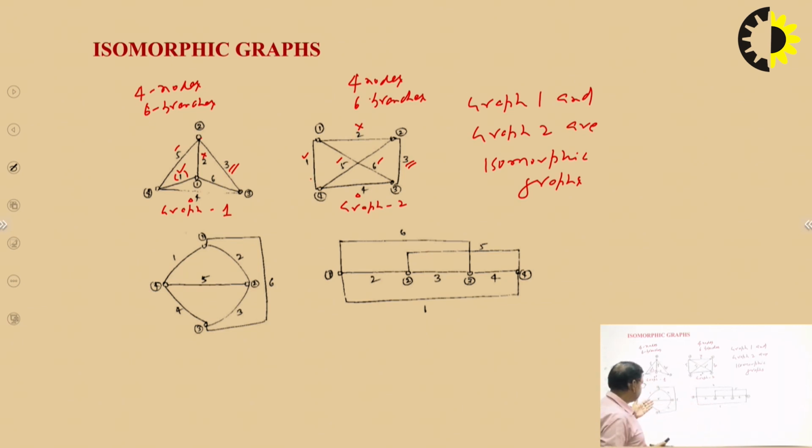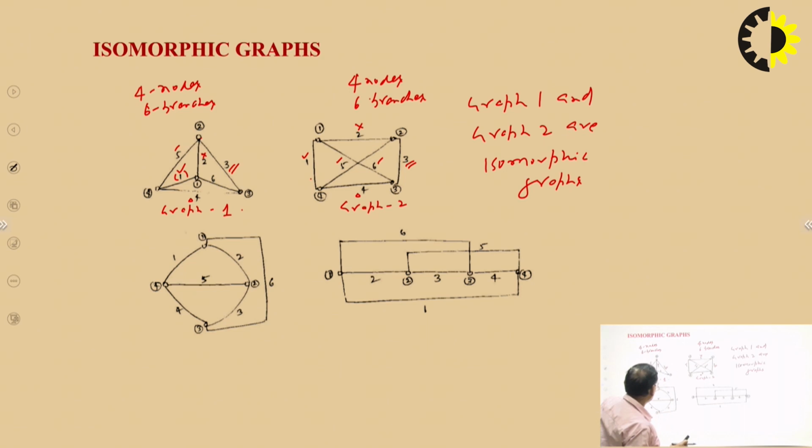We can also check this one. 1 and 4, 3 and 4, 1 and 3 is 6, 3 and 2 is 3, 2 and 4 is 5. So this is the same graph.